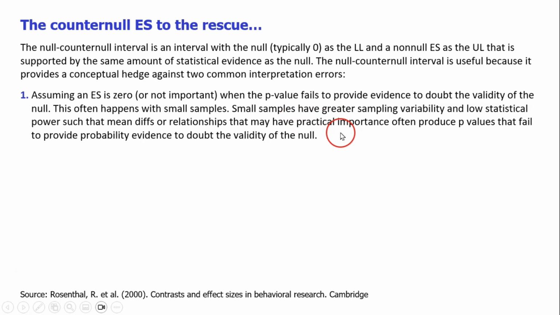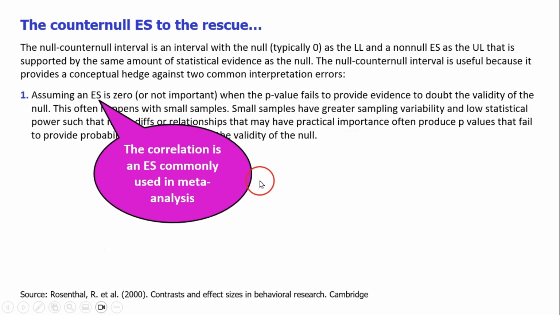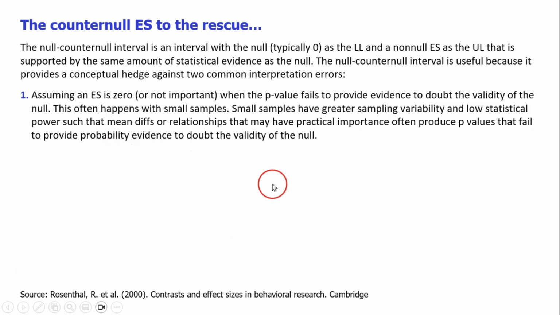Small samples have greater sampling variability and low statistical power, such that mean differences or relationships, i.e. correlations, that may have practical importance often produce p-values that fail to provide probability evidence to doubt the validity of the null. And that's the first thing. You can see that I put here the correlation is an effect size commonly used in meta-analysis.